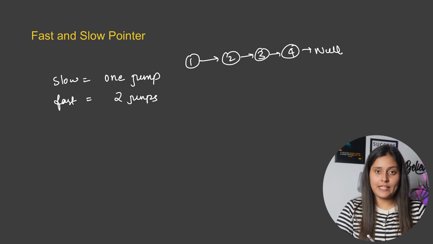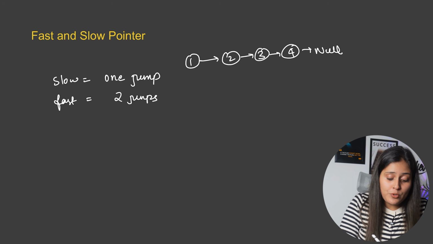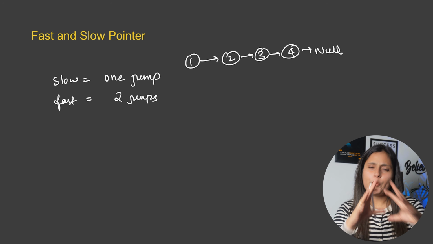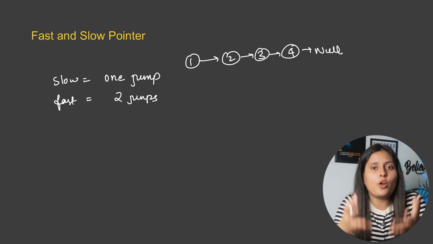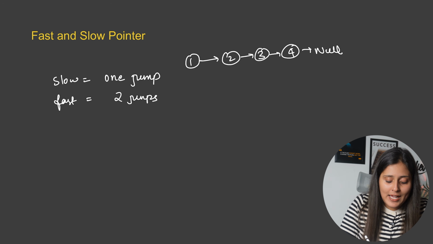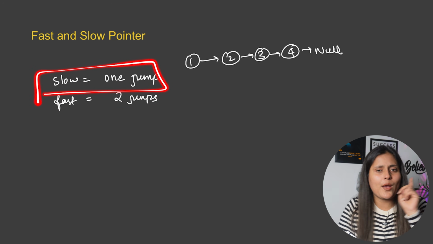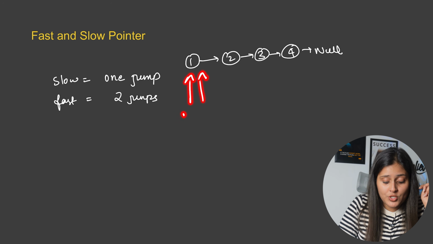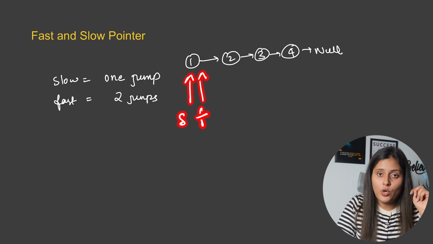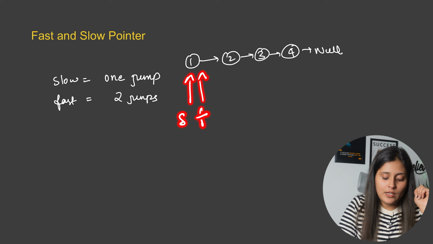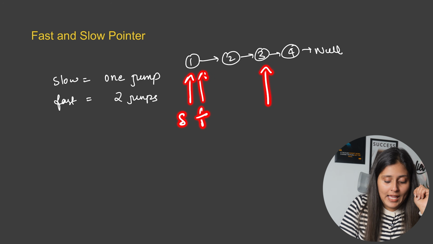So suppose we have a linked list here, and why do we use this fast and slow pointer? Suppose a question asks, what is the middle of the linked list? You know when fast moves by 2 jumps and slow takes only 1 jump, if both start together, after 1 second, fast will be at 3 and slow will be at 2.